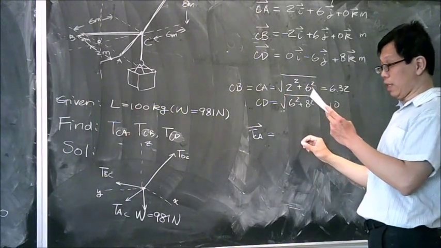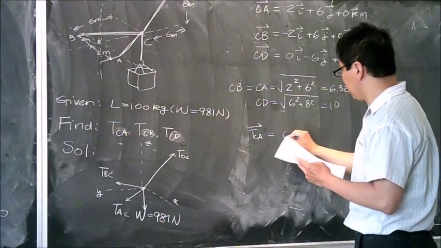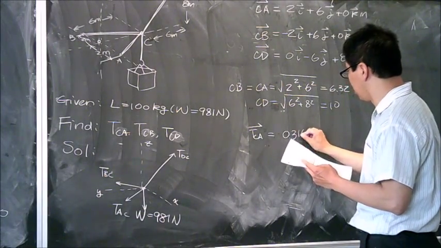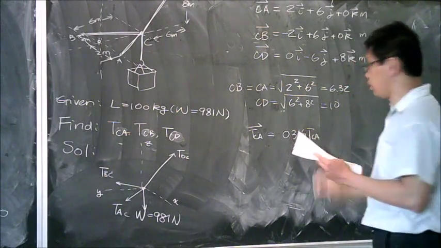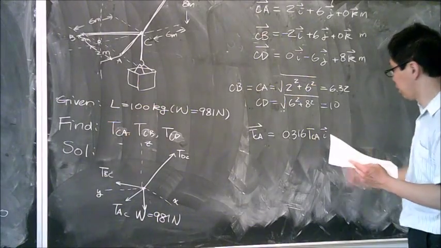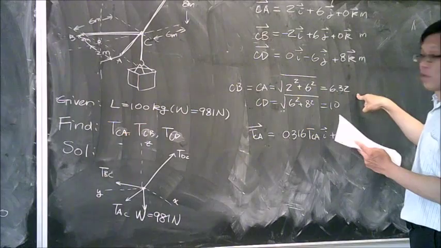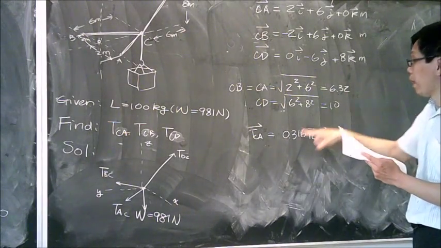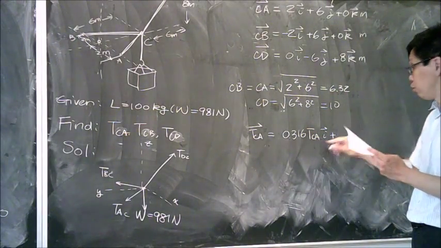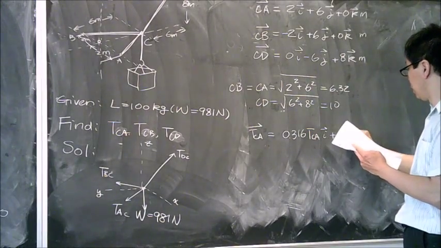So if we do that, it's going to be I plus this number divided by this number multiplied by TCA magnitude.